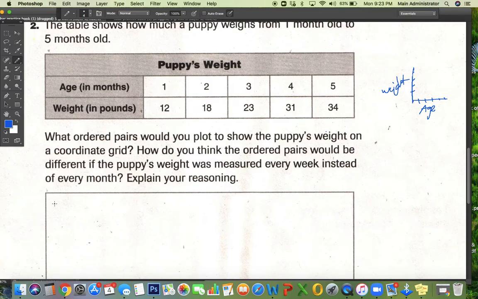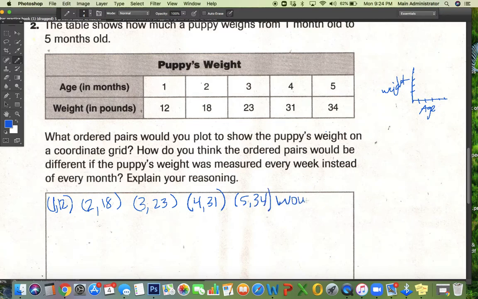All right, so let's say our ordered pairs would be 1, 12, 2, 18, 3, 23, 4, 31, and 5, 34.